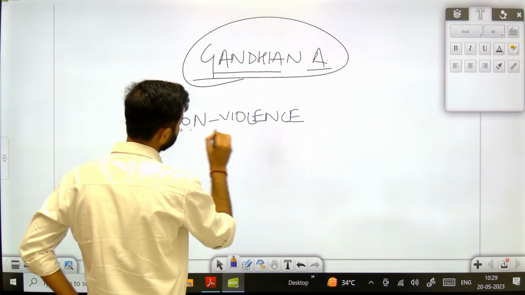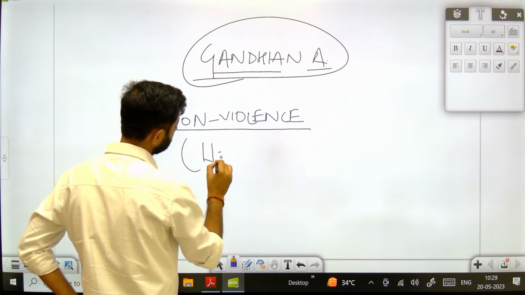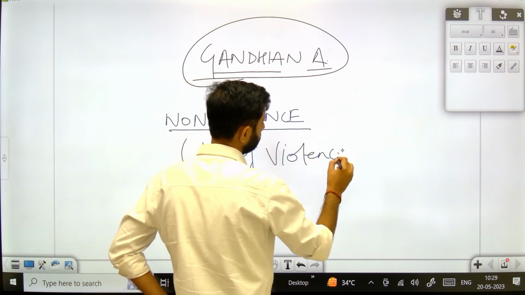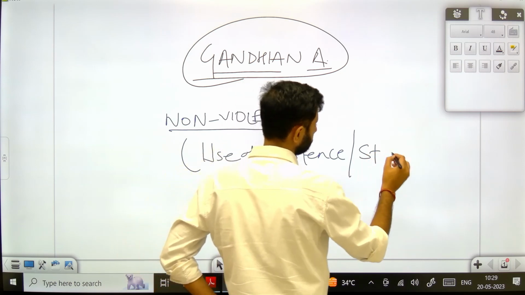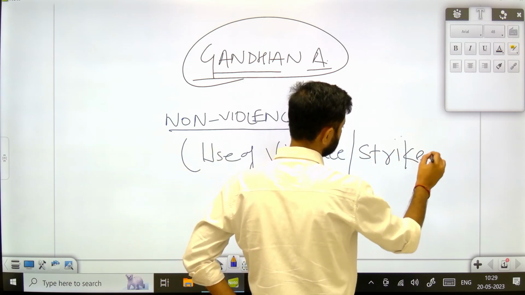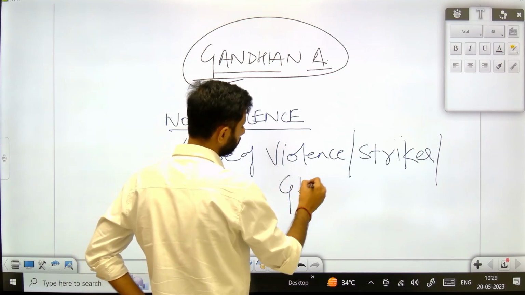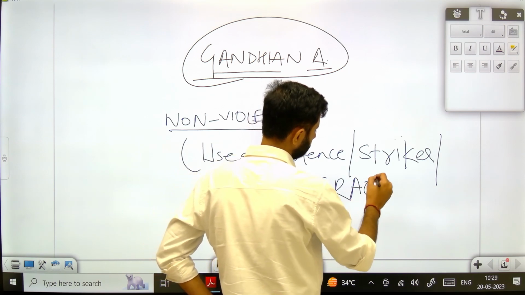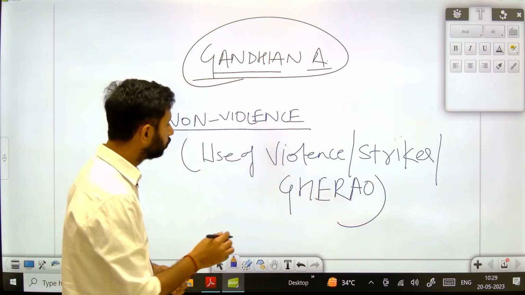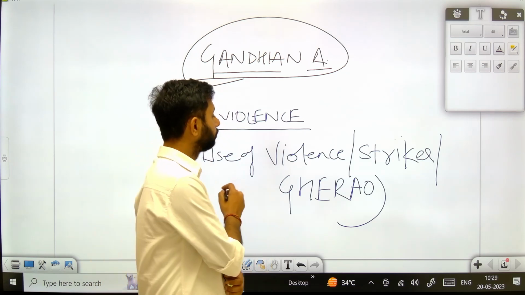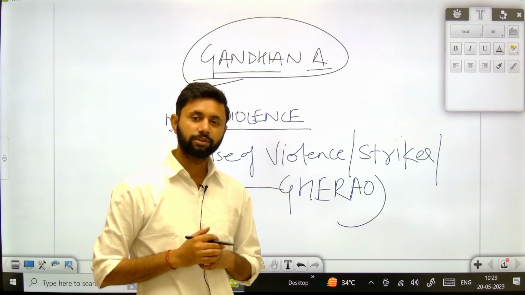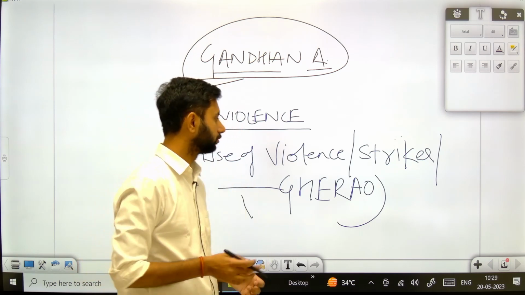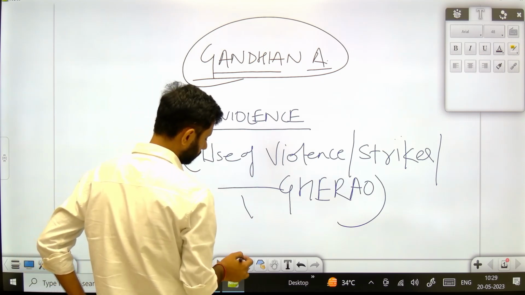The Gandhian approach says that the use of violence, strikes, gherao, should be used as a last resort. They should be prohibited, and even if they are used, they should be used as a last resort when all the things are not working. So this is the first thing.